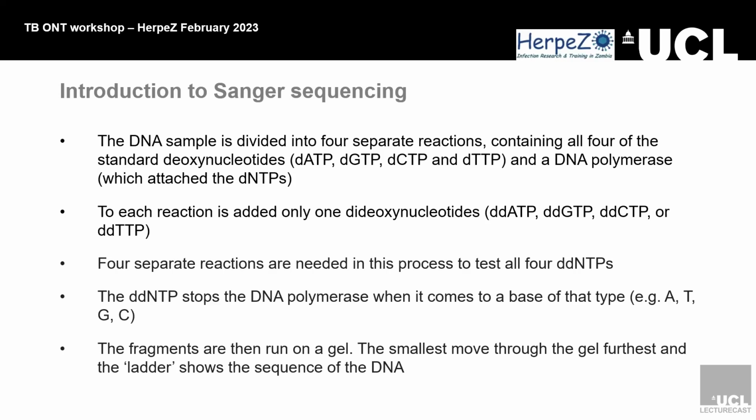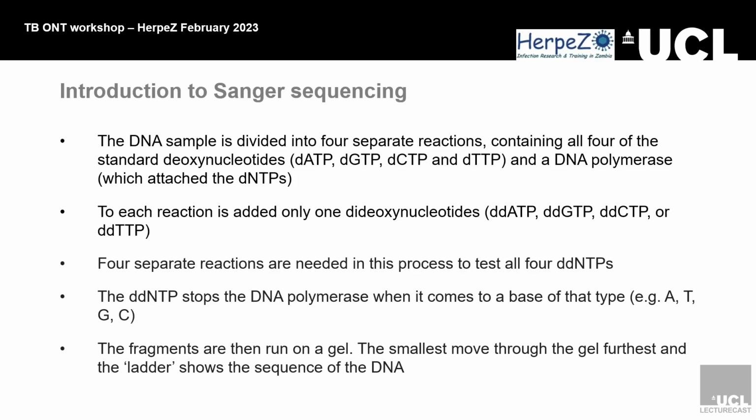You can't add on more nucleotides. So you have your enzyme add on A, T, G, C, your deoxyribonucleotides, and once it adds in a ddNTP, the reaction stops, right? So what happens is that you get fragments of different lengths.